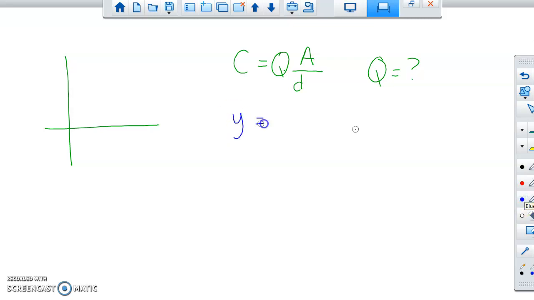So y is equal to m times x plus b, and then you just make them equal.